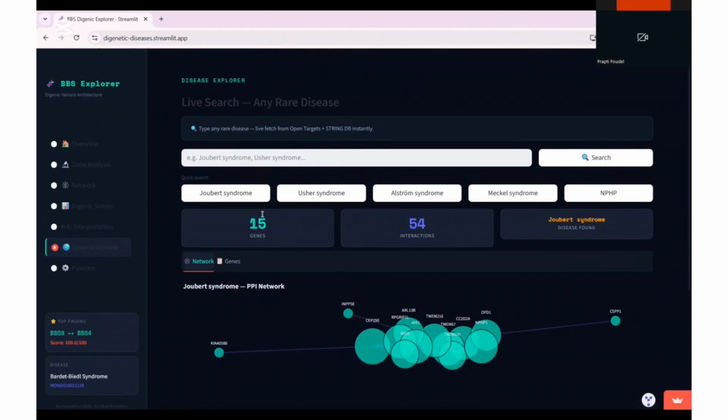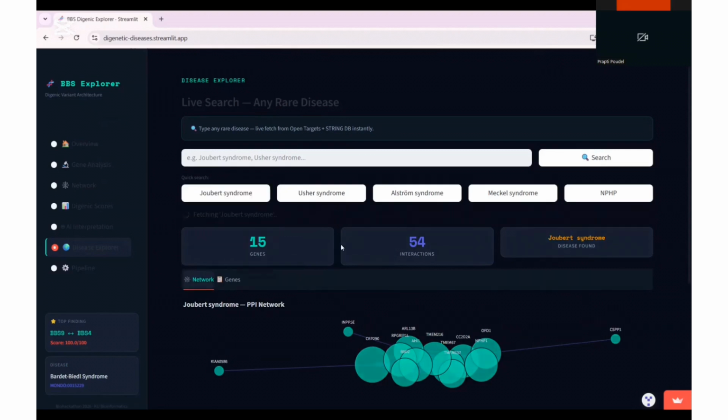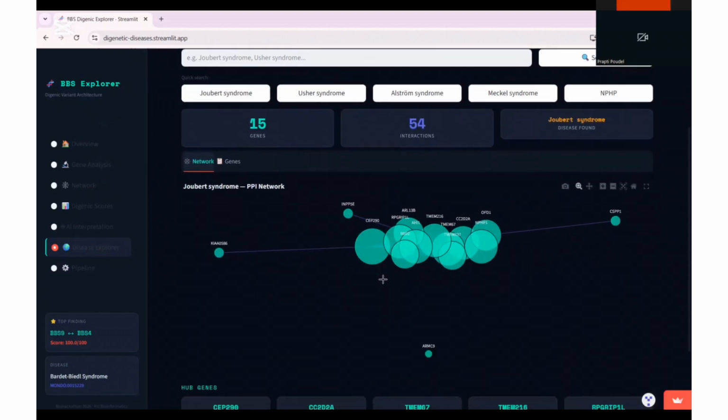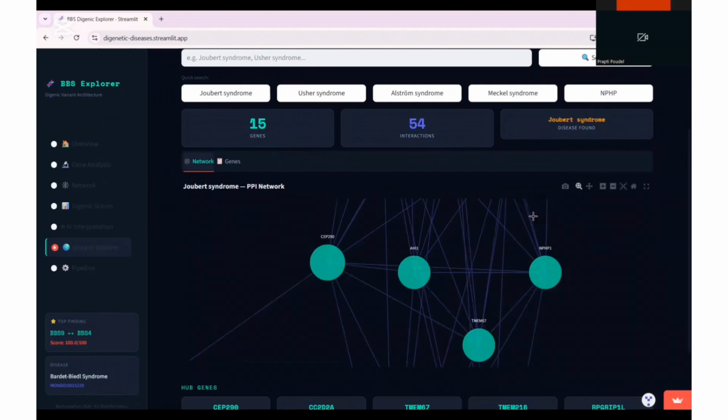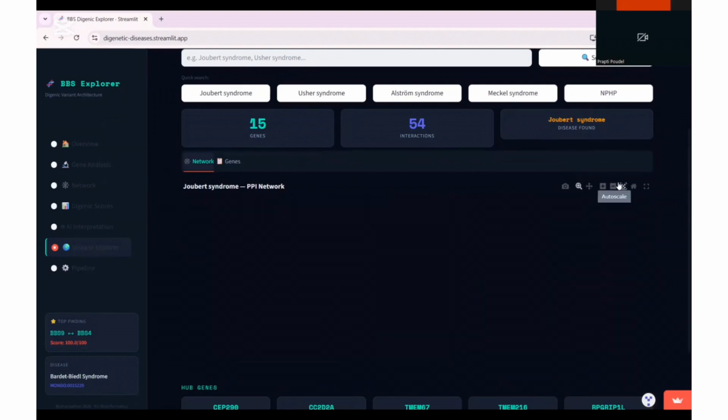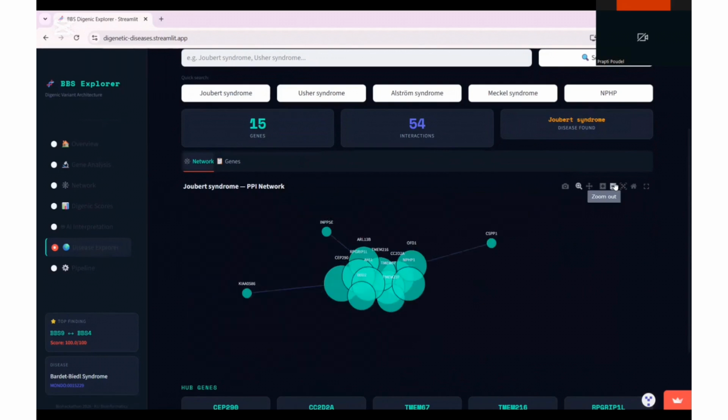Let us see Joubert syndrome. Yes, here we can see the PPI networks. We can even zoom in and zoom out. There are various kinds of features that we have added here. So yeah, this is all about the protein-protein interaction.